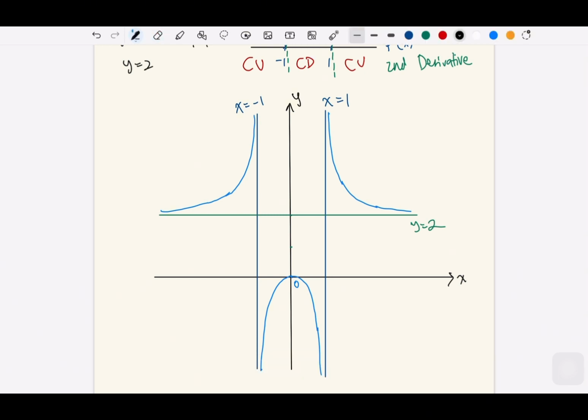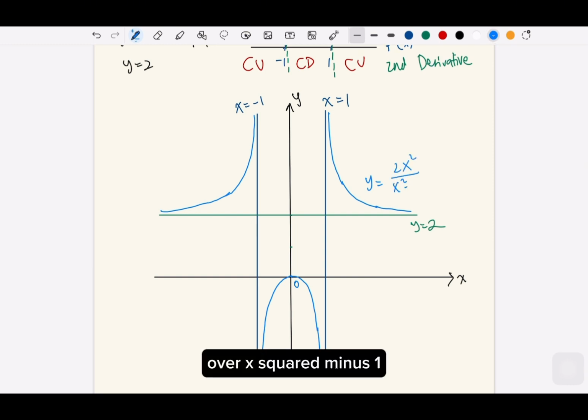Okay, finished. So this is the graph of y equal to x squared over x squared minus 1.